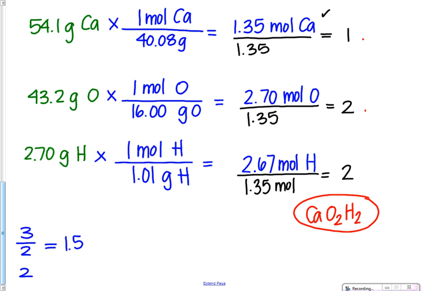Let's say I had 2 divided by 2 as the other one. In order to get this to work, I'm going to have to clear the fraction. The fraction is a half, so I'm going to multiply everything through by 2. So this subscript would now become 3, and this subscript would become 2. So rather than having subscripts of 1.5 and 1, I will have whole number subscripts of 3 and 2. This is really only important when it's halves. You really don't see very many other options of fractions that you'd have to worry about.